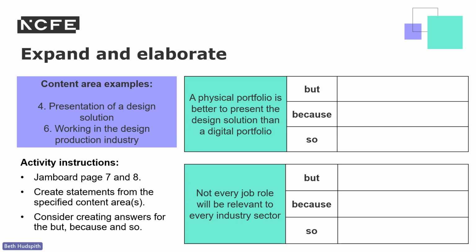It also supports those long answer questions and gets learners to write more in depth, the but, because, so. So in the chat, can you add an example of a because for the top turquoise box? A physical portfolio is better to present the design solution than a digital portfolio. So how would your learners respond?